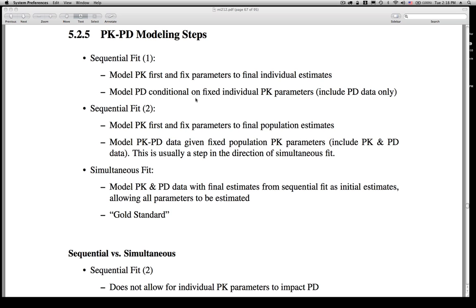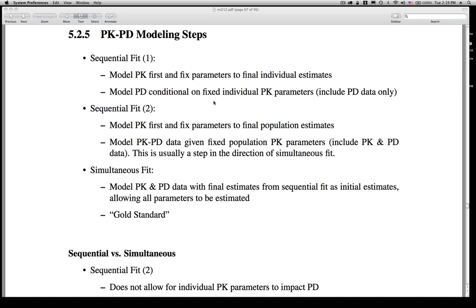And then we model PD conditioned on the fixed individual PK parameters. You only need to include PD data in this data set. So that's a two-step process where we're using conditional estimation of PK and then carrying those parameter estimates into the data set of the PD model, and then making predictions of PD or estimating the PD parameters conditioned on those individual pharmacokinetic parameter estimates.